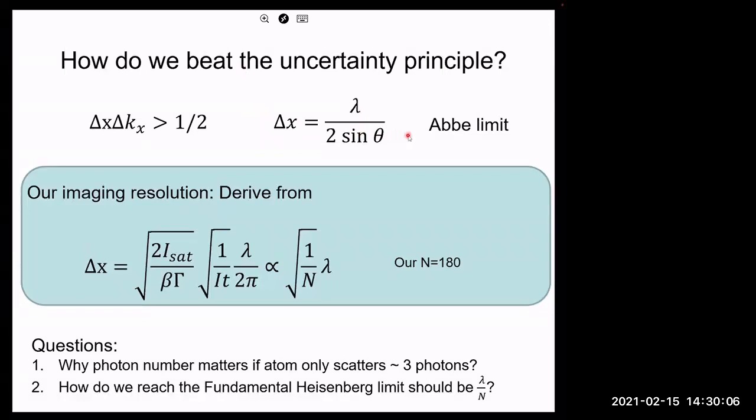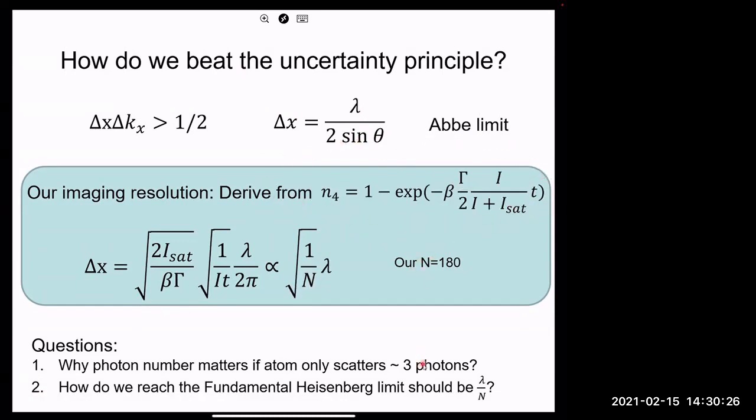All right, if that is the case, how is it possible we can improve this resolution down to tens of nanometers, which is more than a factor of 20 or 30 below the wavelength? You might remember this is the formula we've been using. We talk about nonlinearity and so on.